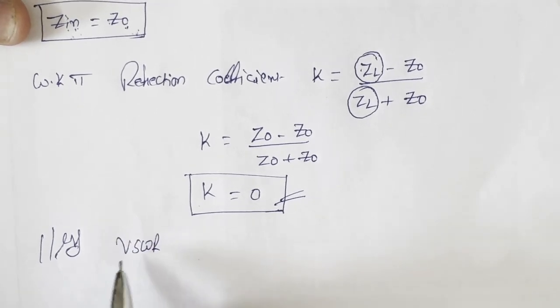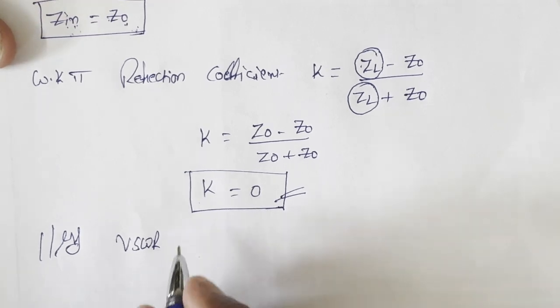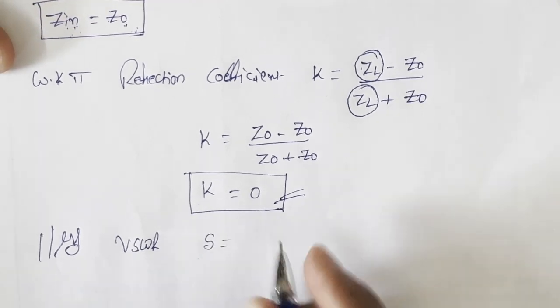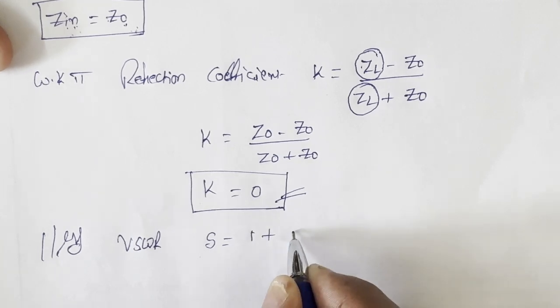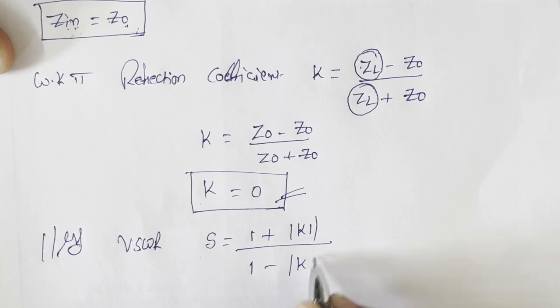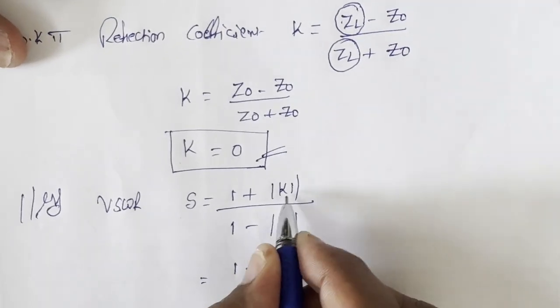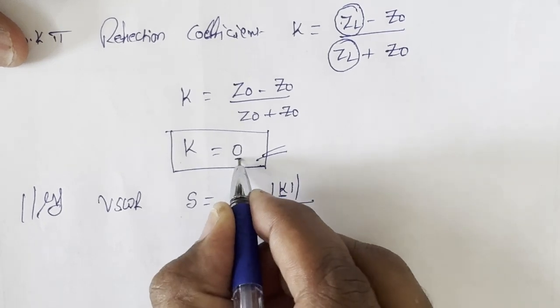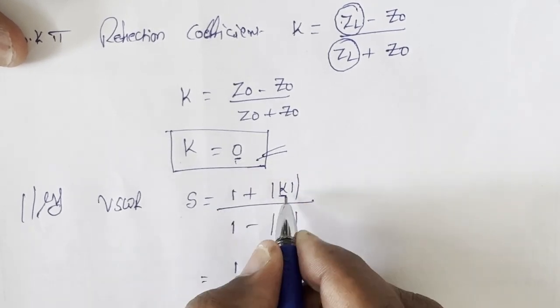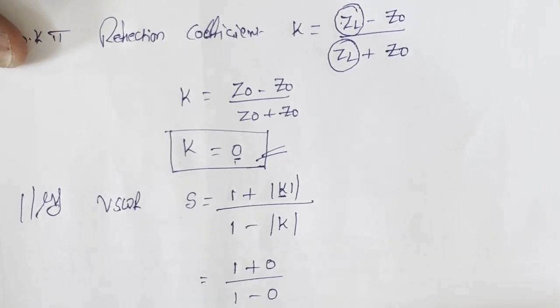Similarly, VSWR, voltage standing wave ratio, we have the formula S is equal to 1 plus mod K by 1 minus mod K. The K value here is 0, so substitute this 0 here: 1 plus 0 by 1 minus 0, that is equal to 1.